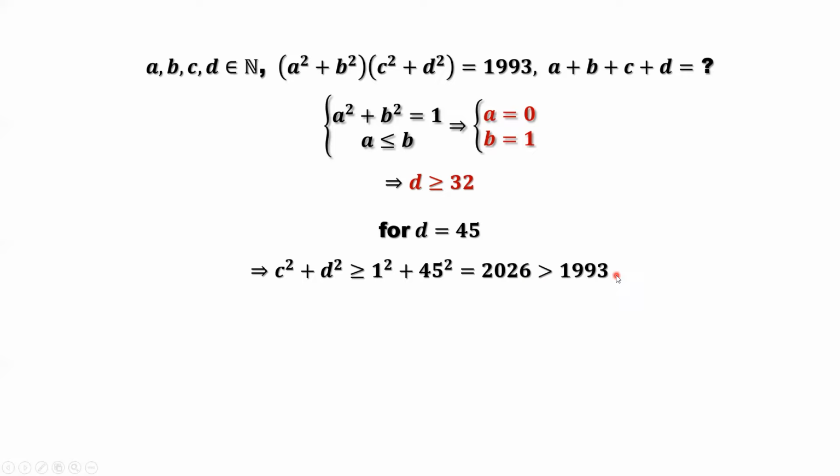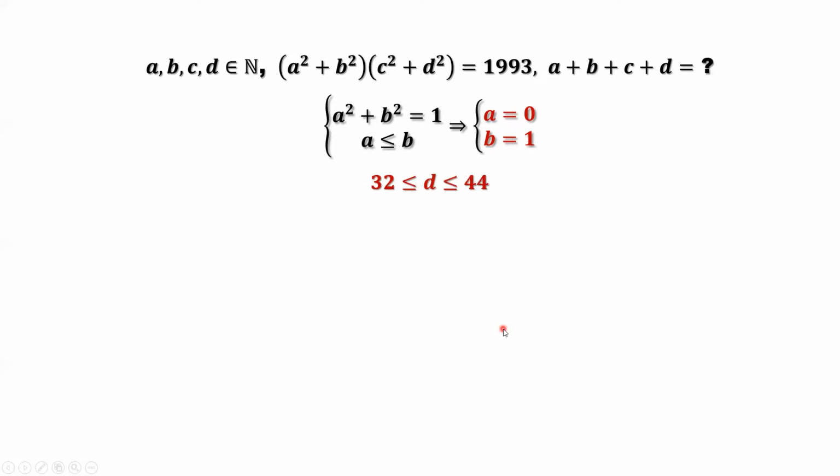This implies if d equals 45, c squared plus d squared is bigger than 1993. The equal sign cannot be true. So we imply d must be less than or equal to 44.